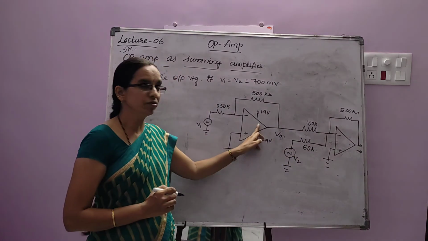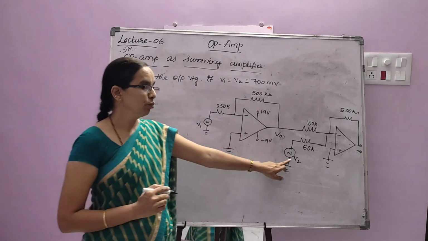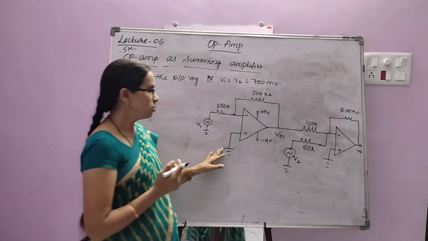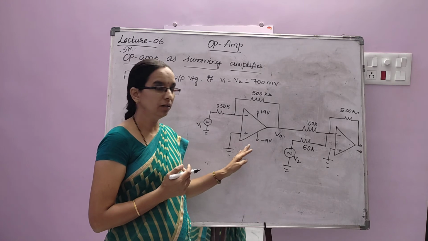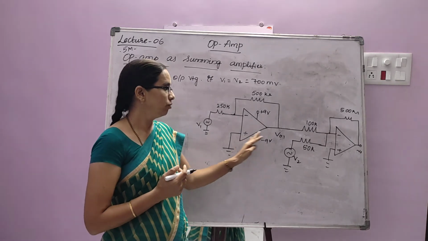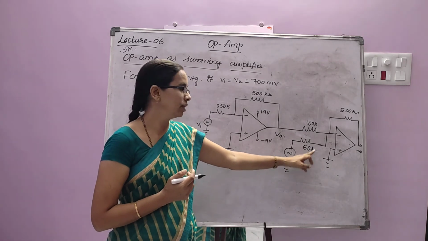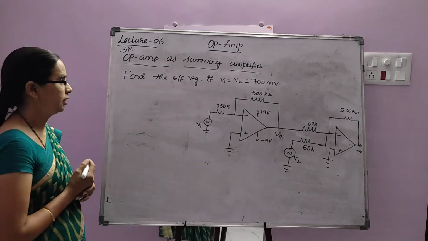One is the output of the first amplifier and the second one is the independent input, that is V2, which we have applied through a 50 kilo ohm resistor. So for the first circuit we have to apply the inverting amplifier formula and find the output voltage of the inverting amplifier. For the second amplifier, I have to put the summing amplifier formula and find the final output voltage.